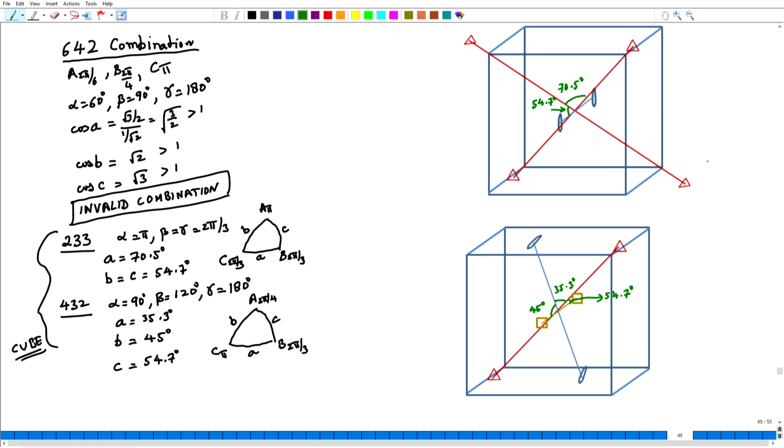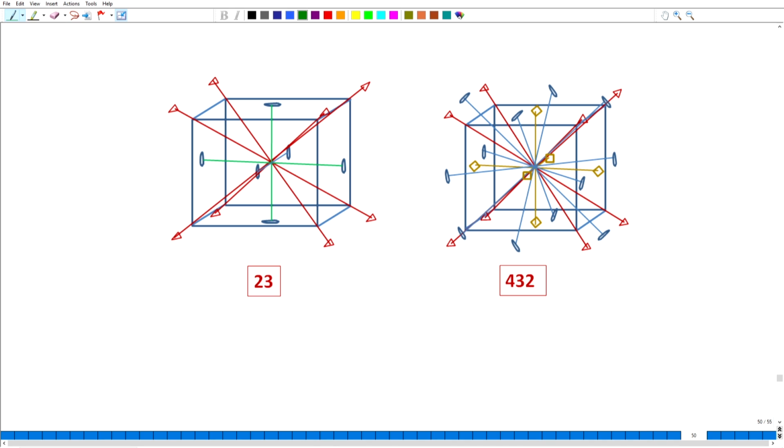That can be seen in this diagram, where in the case of the 2-3-3 combination, I have the two folds parallel to the cell edges. In the case of 4-3-2, I have four folds parallel to the cell edges, or perpendicular to the cube face, while there is a two fold joining midpoints of every pair of opposite edges.